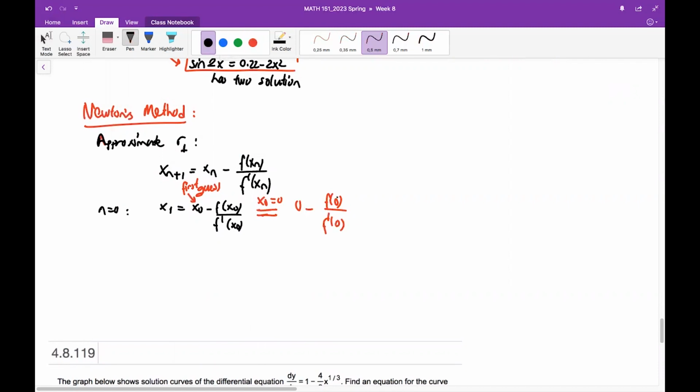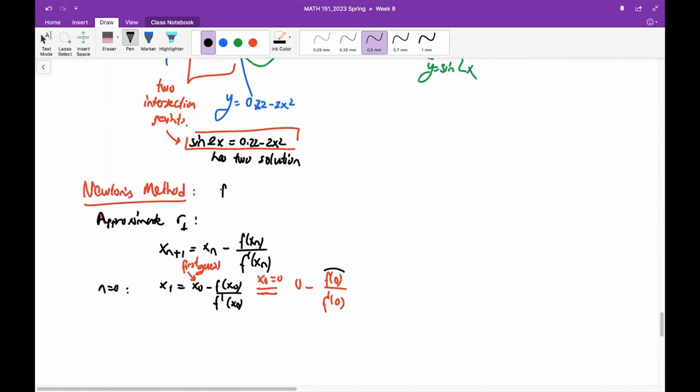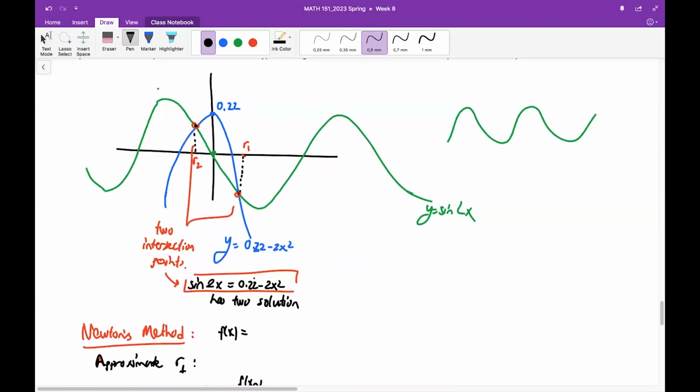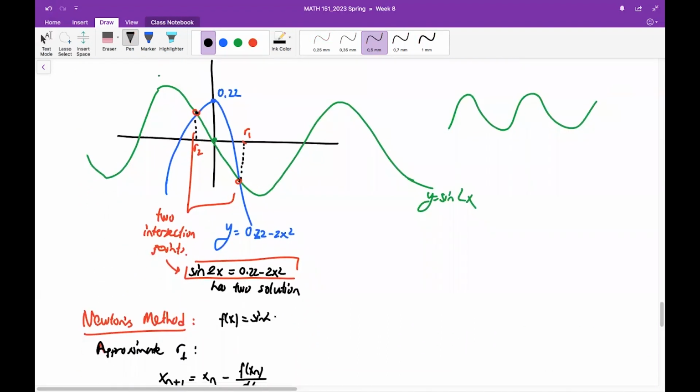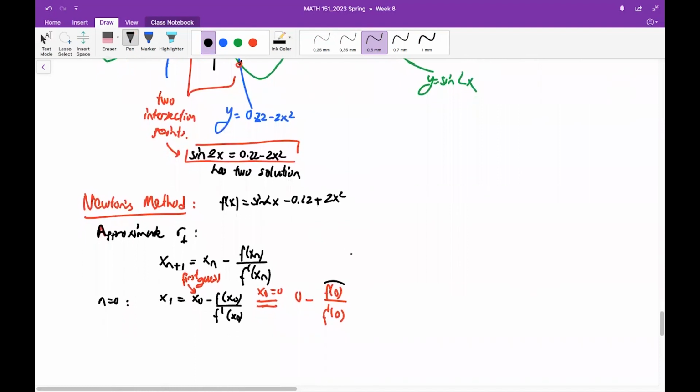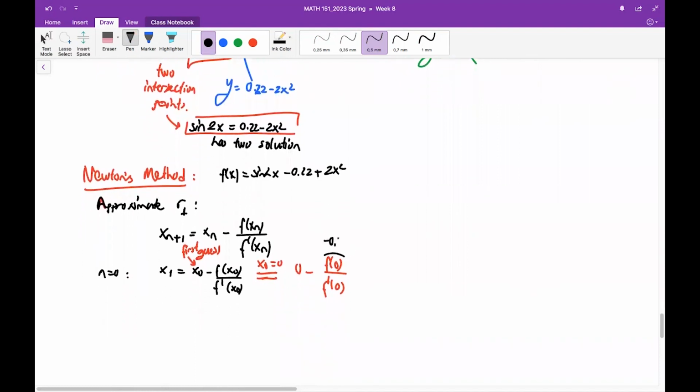So now you need calculators to compute f of 0. What is your function f? f of x is, as we wrote here, sine 2x minus this number plus 2x squared. You can easily insert 0 into this function so that you obtain just this coefficient given here.